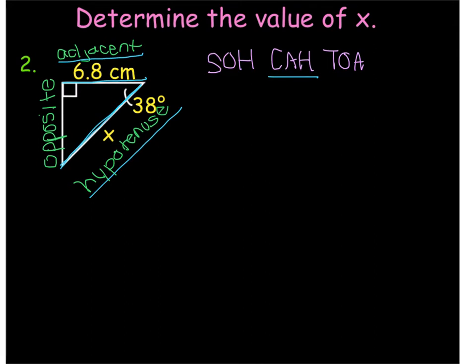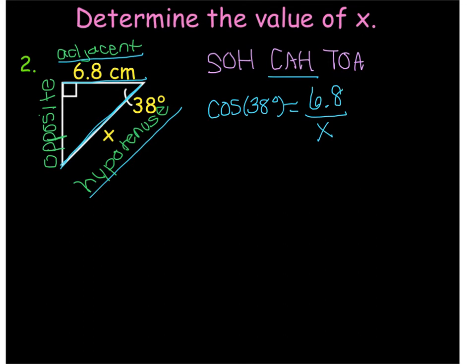Now I'm ready to write out my equation. So that's going to be the cosine of 38 degrees equals my adjacent, or 6.8, over my hypotenuse, or x.